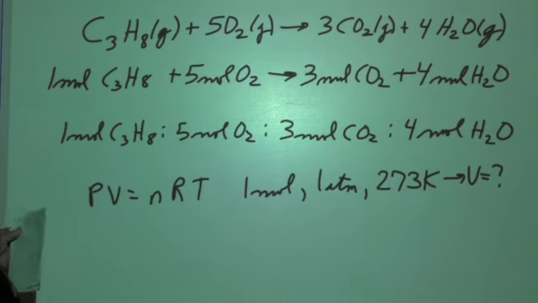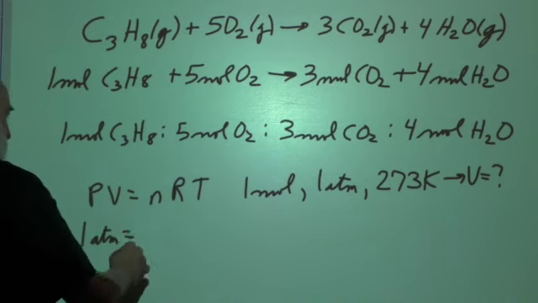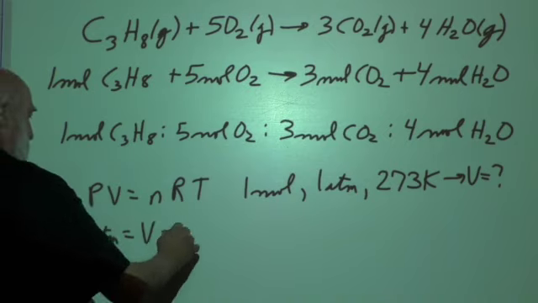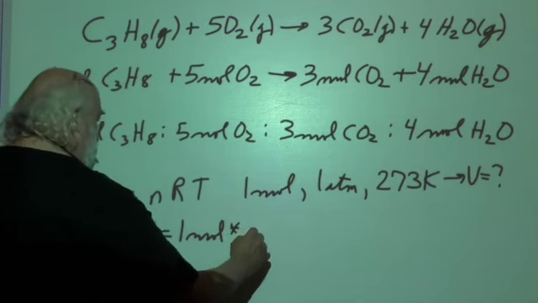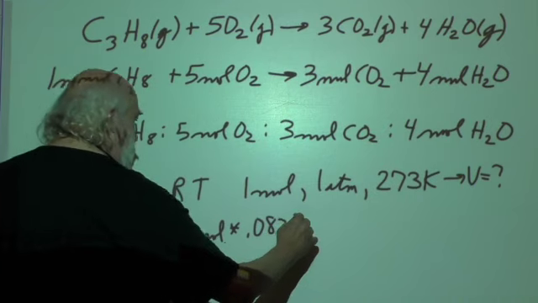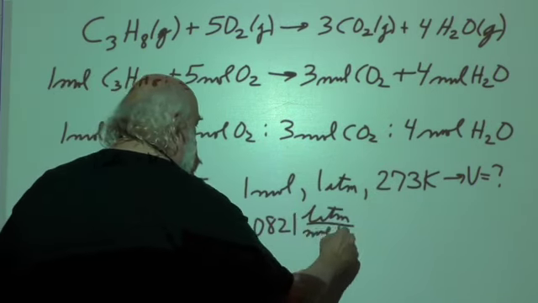Okay? So I'm going to plug in all this stuff for PV equals nRT. Pressure is 1 atmosphere. Volume is unknown. n is 1 mole. R is 0.0821 liter atmospheres over mole Kelvin.